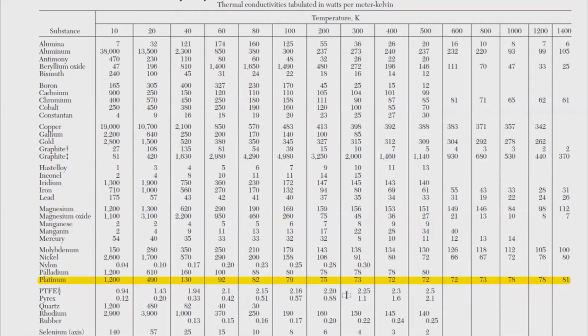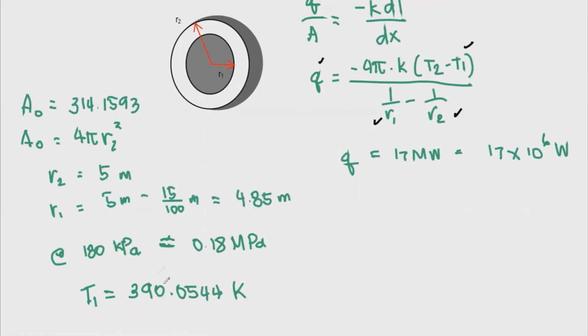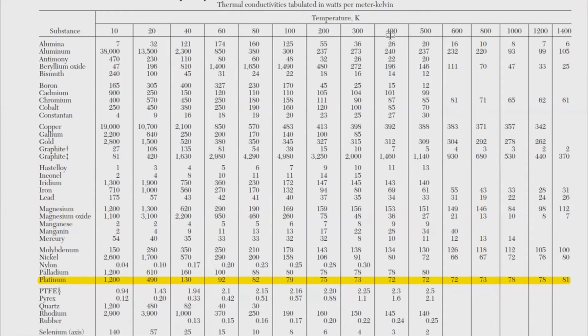The thermal conductivity just plays around there. So, the question is, what will you use? For example, we saw that our T1 is 390, so you might think it's about 400 or 72, no? If I'm wrong, it's still close, no?